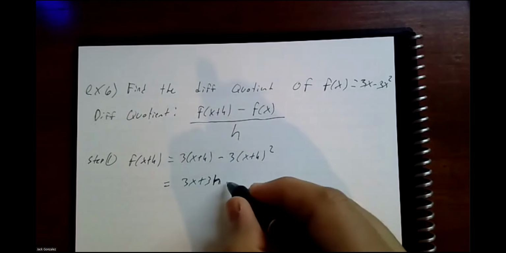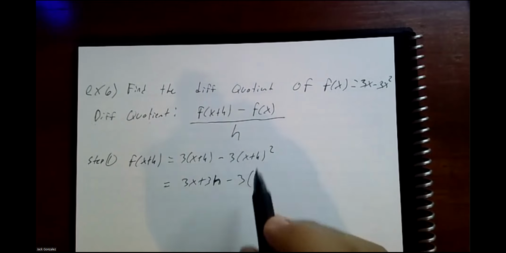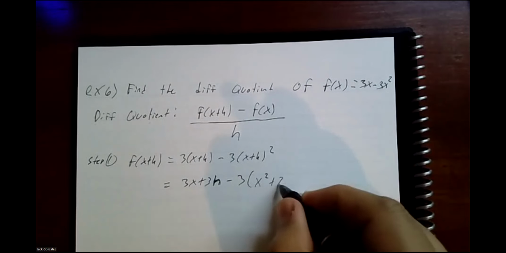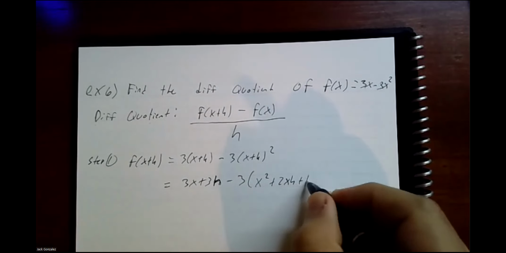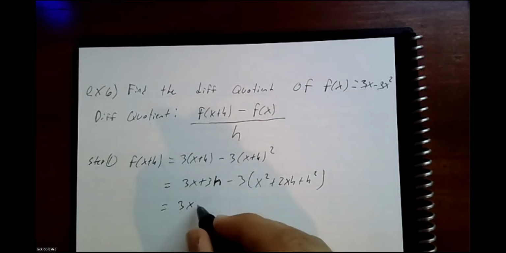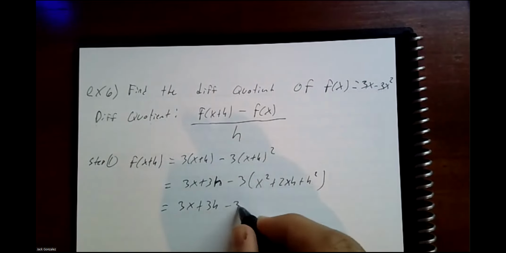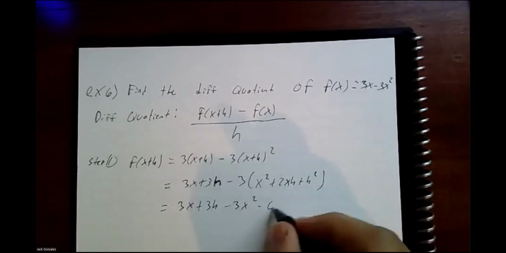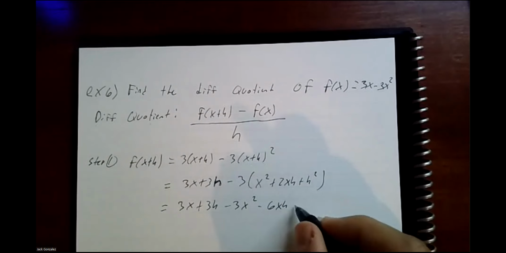This will require us to multiply. So you multiply this out, that'll get you to x squared plus 2xh plus h squared. Distribute that nonsense. Negative 3 times this, negative 3 times that, negative 3 times this.